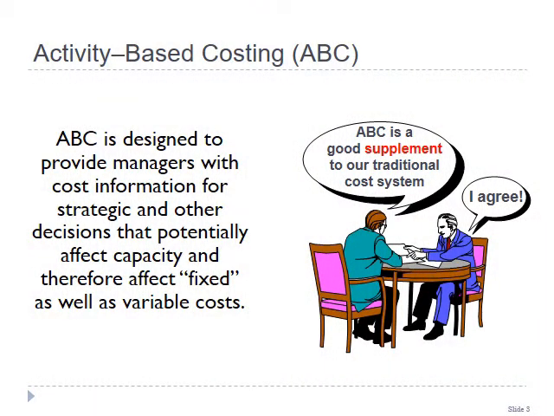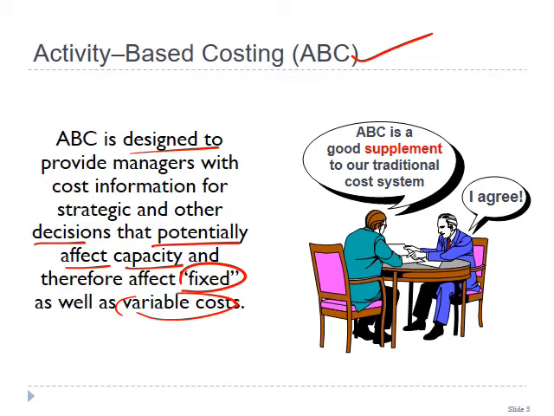So let's define activity-based costing, or ABC. ABC is a costing method that is designed to provide managers with cost information for strategic and other decisions that potentially affect capacity and therefore affect fixed as well as variable cost.